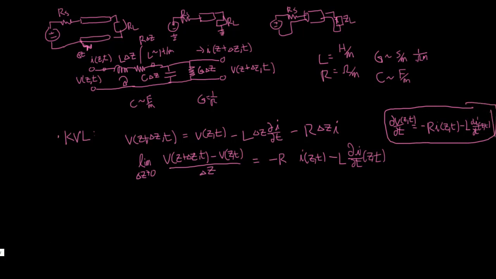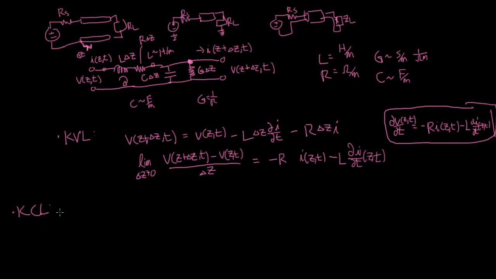And then we can also do the same thing with Kirchhoff's current law. This time I'm going to write it further to the left so that I don't run out of room. We're going to do the same trick, applying Kirchhoff's current law to this node over here.